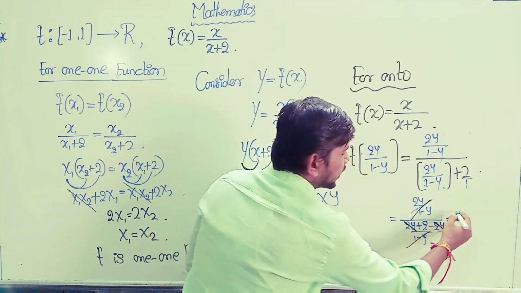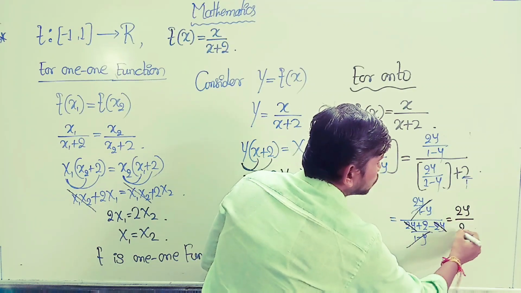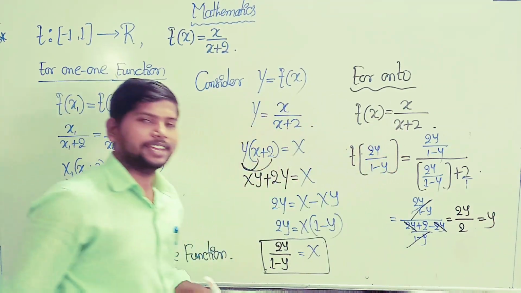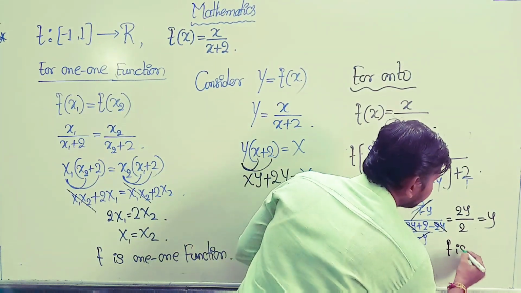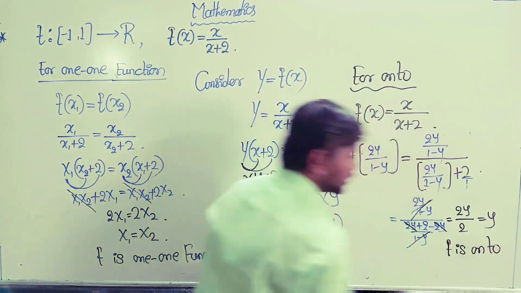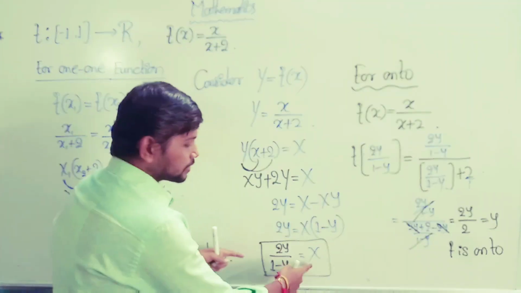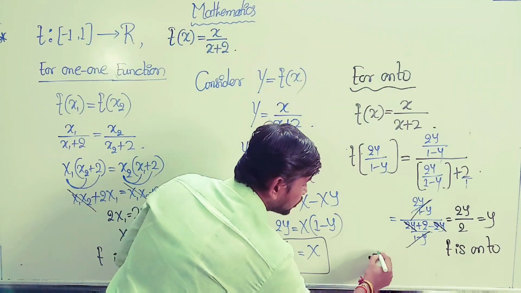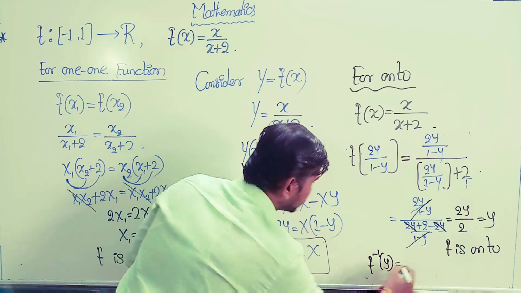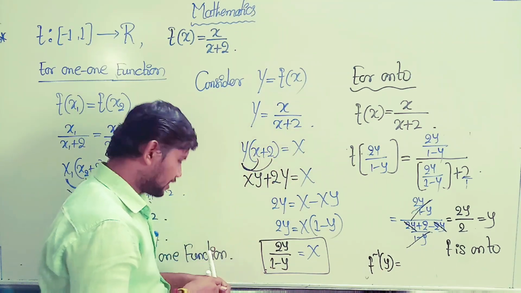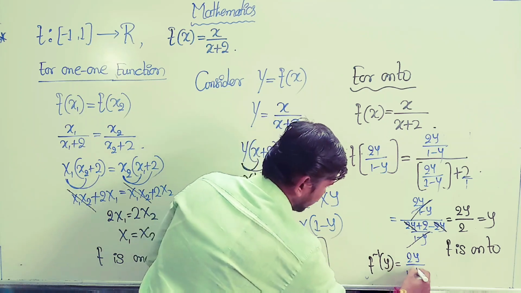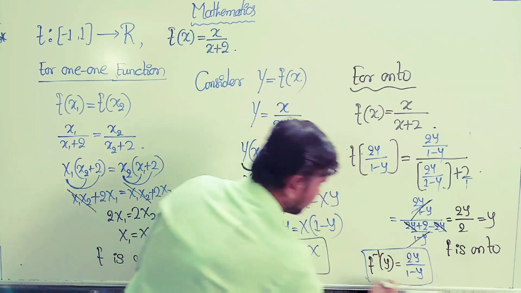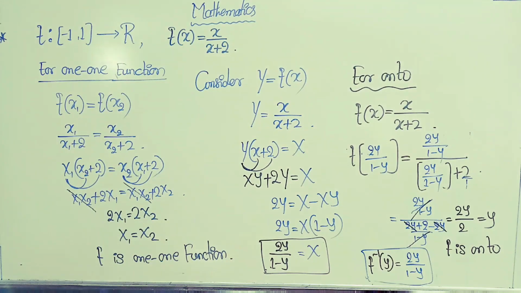Plus 2y minus 2y cancelled. 2y by 2. What is 2y by 2? Y. Means f is, yes exactly, f is onto. F is onto means what I need to write at the end? F inverse of y is equal to, what is f inverse of y? Yes, exactly right. And write 2y divided by 1 minus y. Got the point clearly?